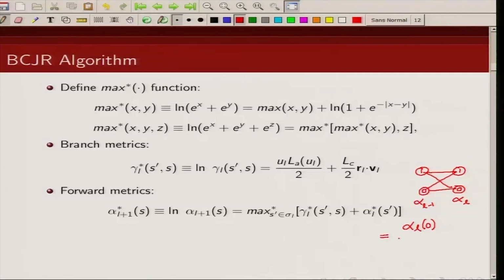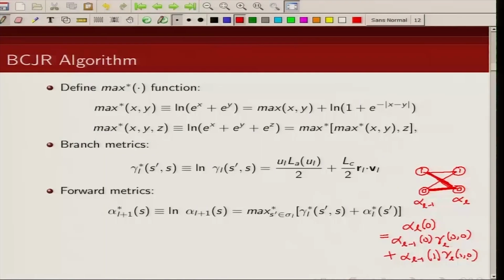There are two branches which are terminating here, one is this one, the other is this one. So alpha L 0 will be alpha L minus 1 0 times the branch metric corresponding to this, which is gamma 0 0, plus alpha L minus 1 1 times this branch metric, which is gamma 1 0.